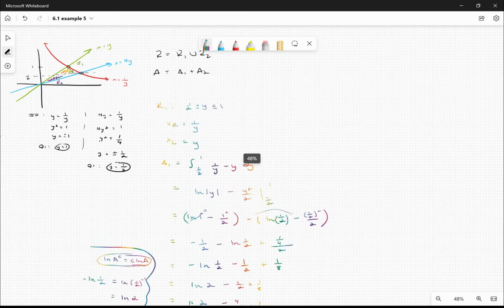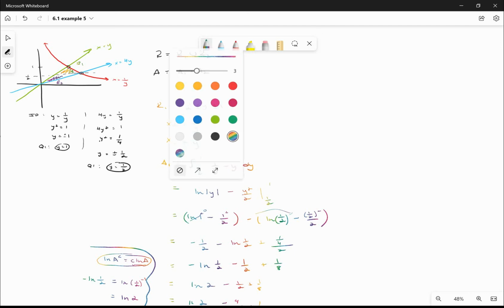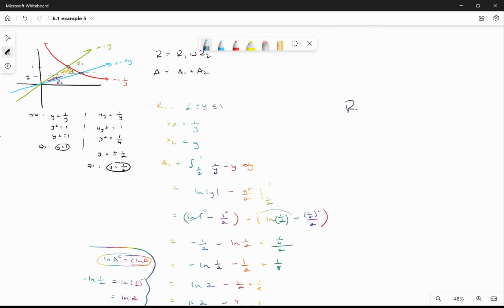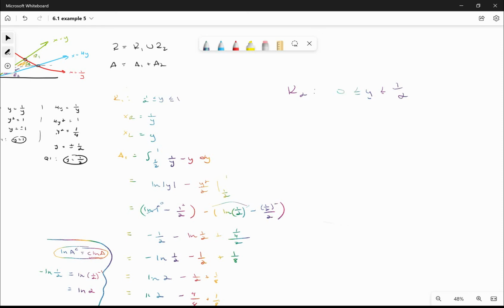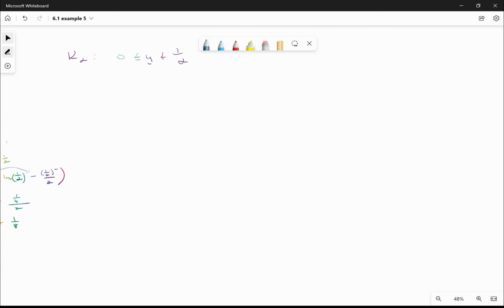Okay, so now we want to find the area A2, the area of region 2. Let's use this little color scheme. R2 is this region from y equals 0 to y equals 1/2. Again, sorry for the lag, my internet connection's not too great today.